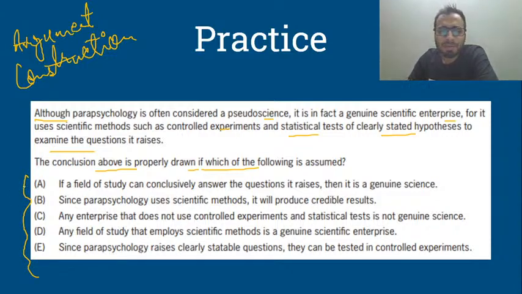And if by negation of one of the options you land in a situation where the conclusion of the passage is falling apart, then that is the assumption of the entire passage, because the assumption is the bridge between the premise and the conclusion. So if you negate the assumption, ideally the conclusion must fall apart. You can try doing that if it is not coming naturally to you. Hit me up with your answer as soon as you're able to solve this.